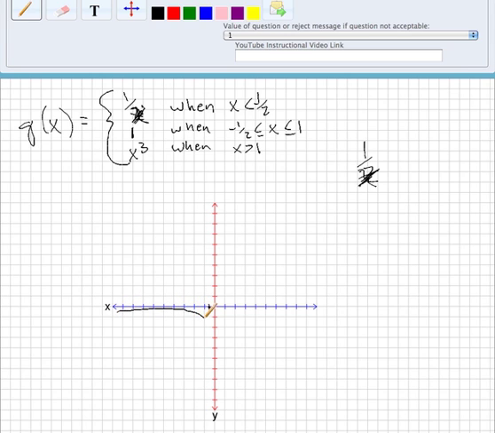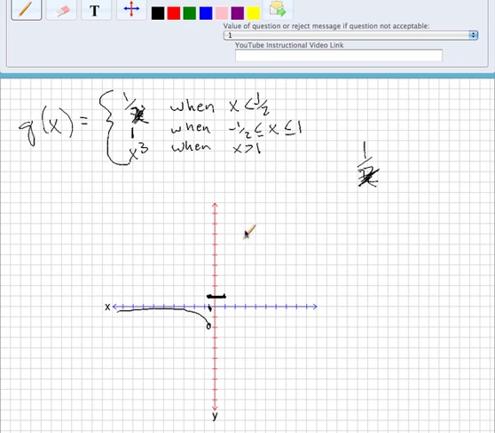It goes through 1 and probably stops right about there. From negative a half to 1, this is going to be the function right here. It's going to equal 1, so it's the straight line across where y equals 1.